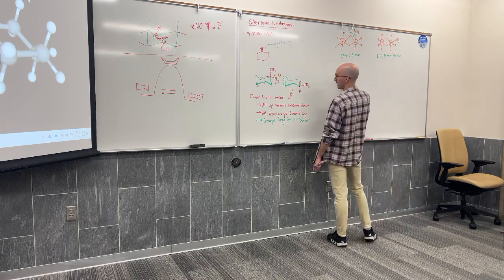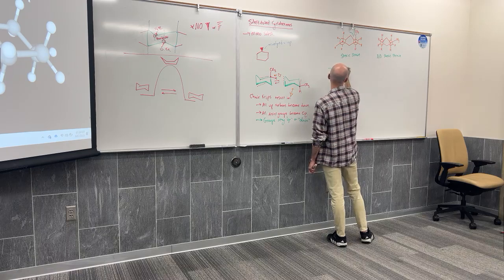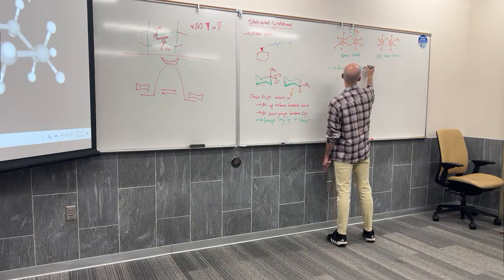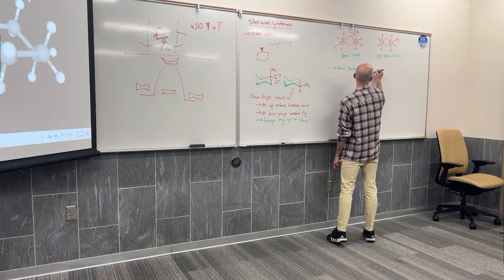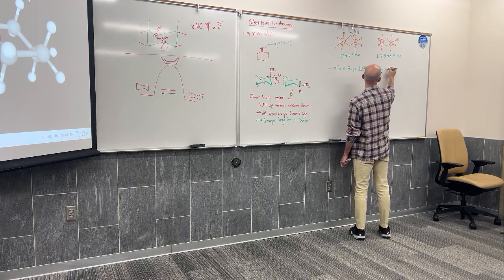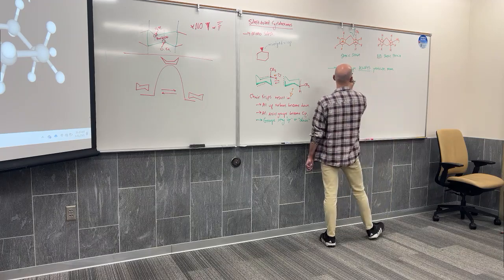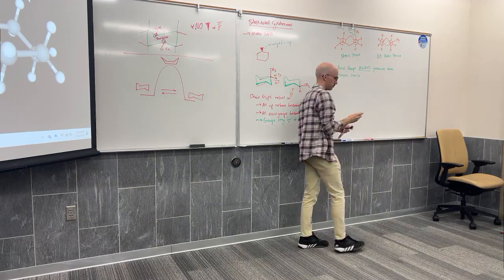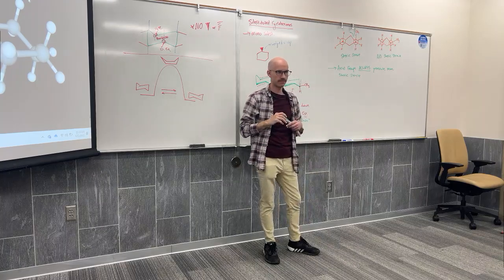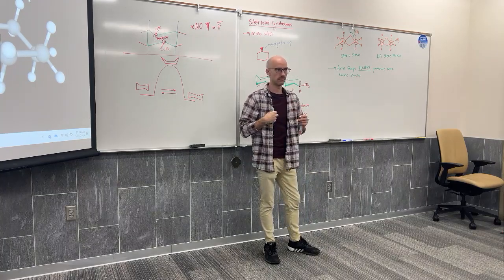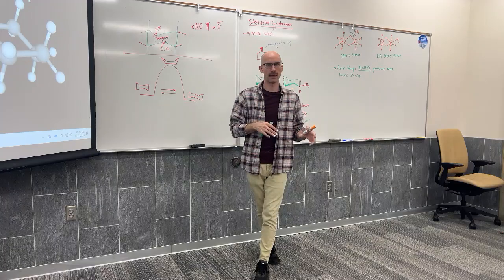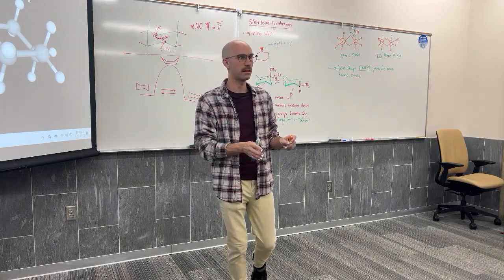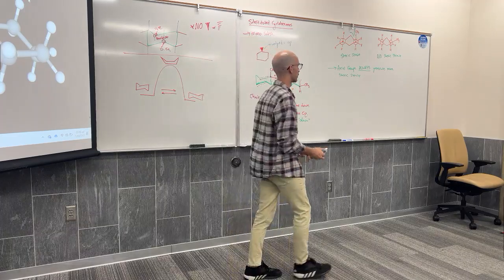So here's our big takeaway. Axial groups always generate more steric strain than, I can't say more without saying than. Axial groups create more steric strain than equatorial groups.